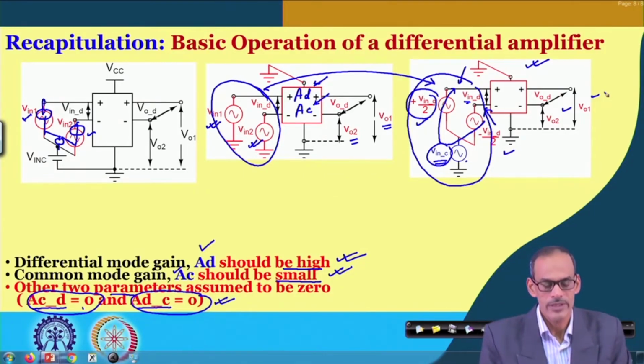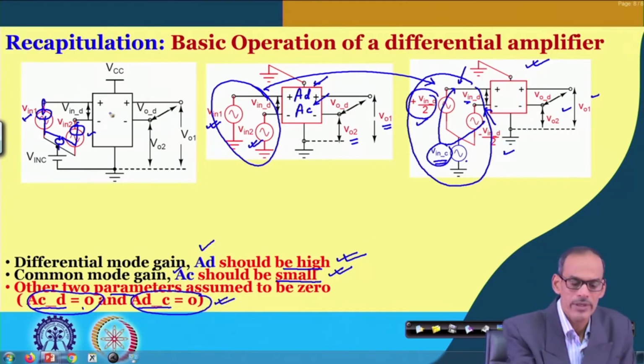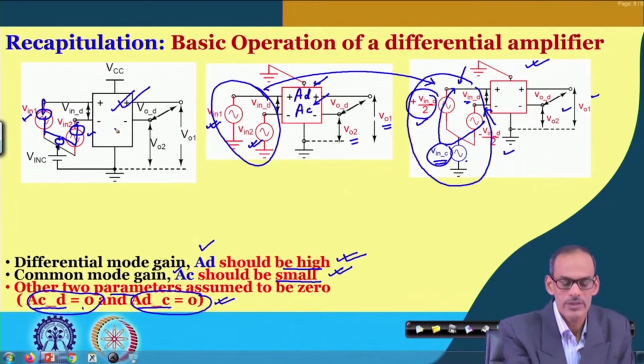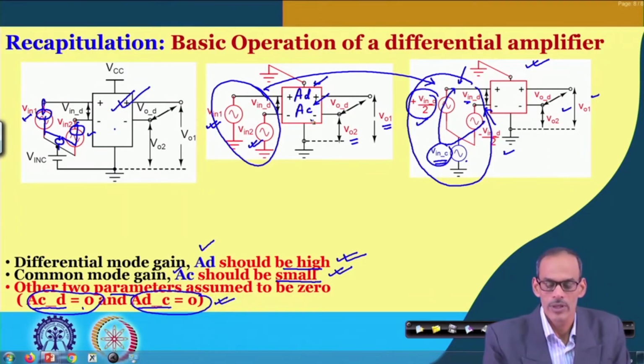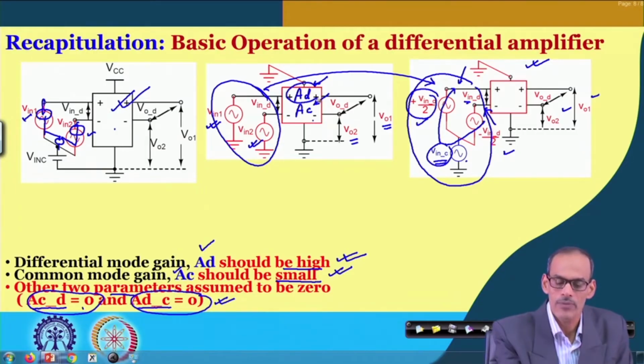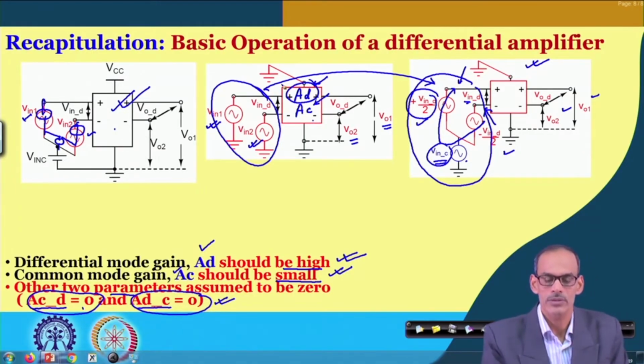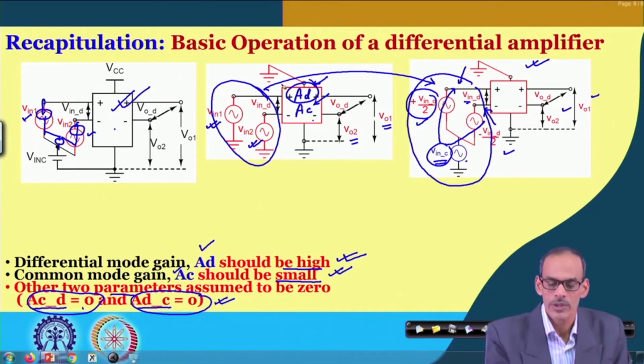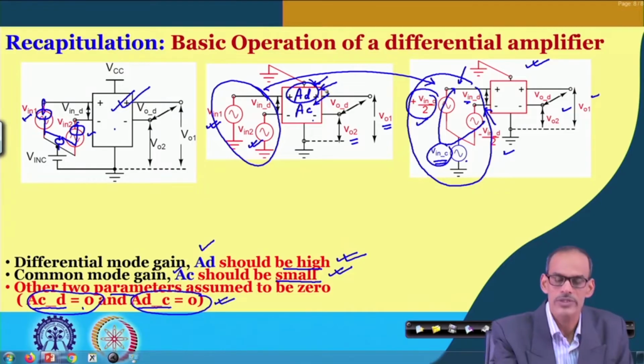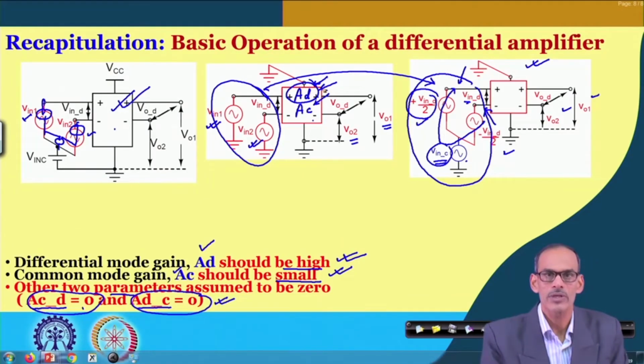Now, next, suppose we have a circuit, whether in this form or in the model form, how do we find the value of this differential mode gain and common mode gain for analysis of a circuit, or maybe in actual hardware? This is referred to as characterization of the existing circuit to find the value of differential mode gain and common mode gain.